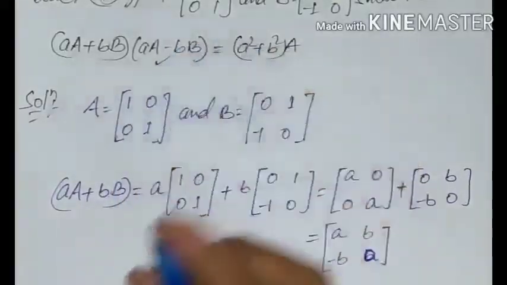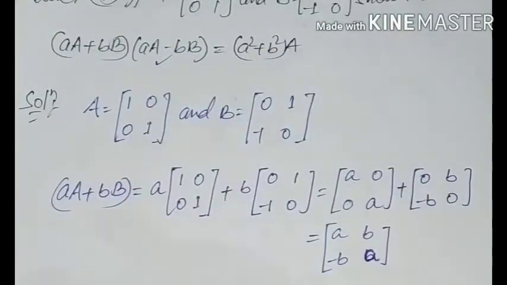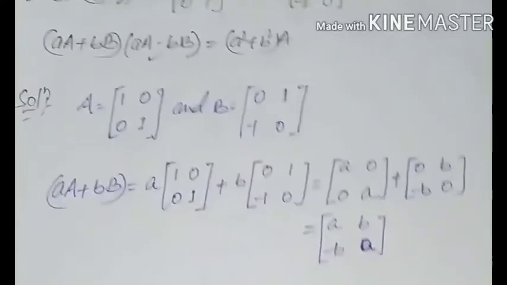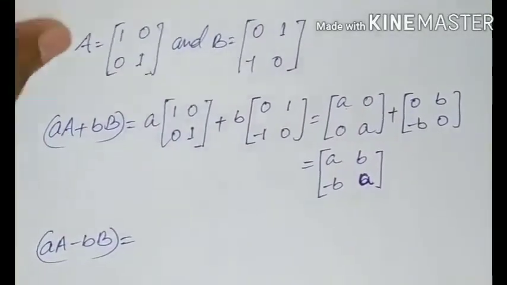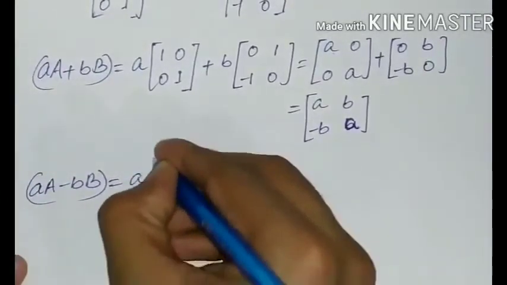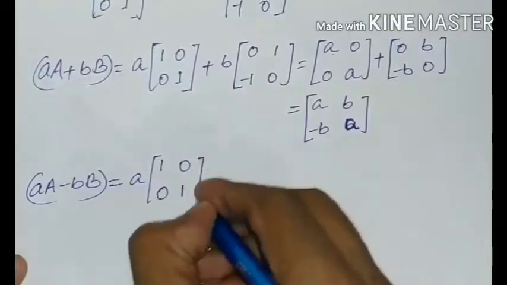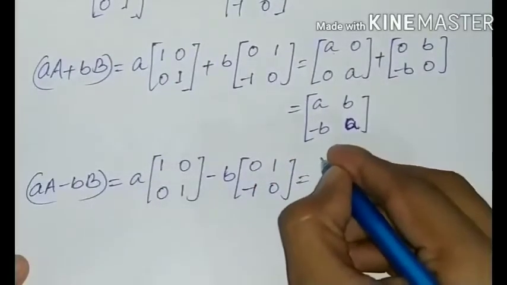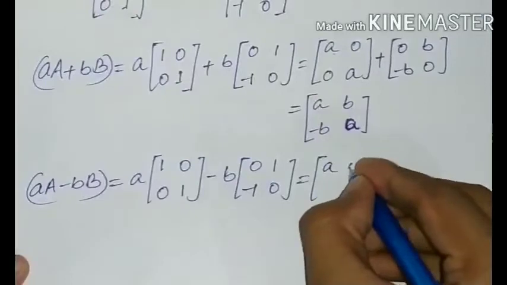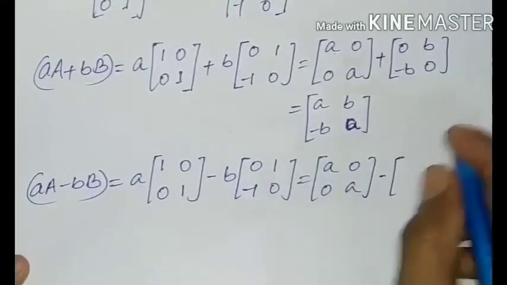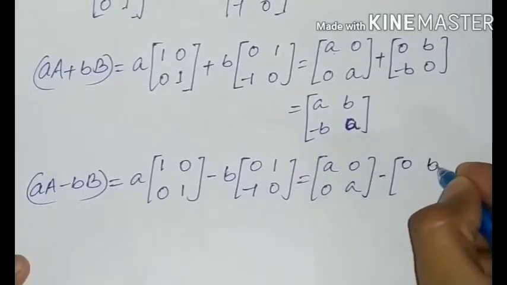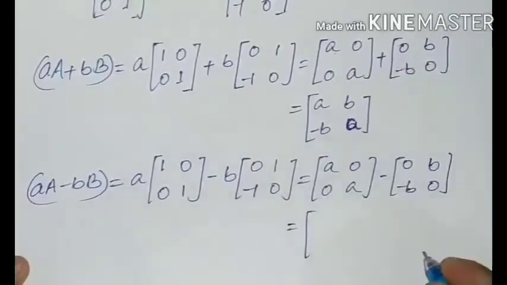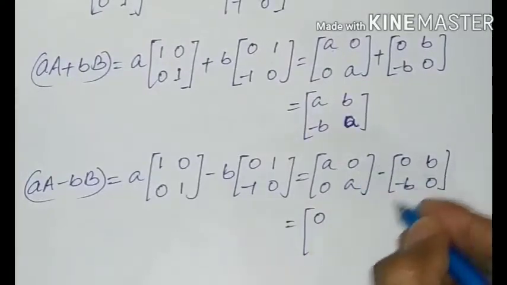Again I'm going to find the value of aA minus bB, which equals a times [1 0; 0 1] minus b times [0 1; -1 0], which is equal to [a 0; 0 a] minus [0 b; -b 0], and their subtraction will be a minus 0, 0 minus b.